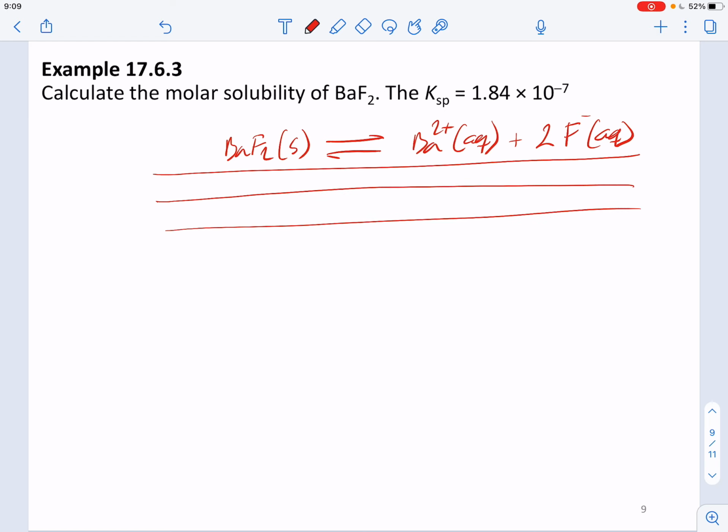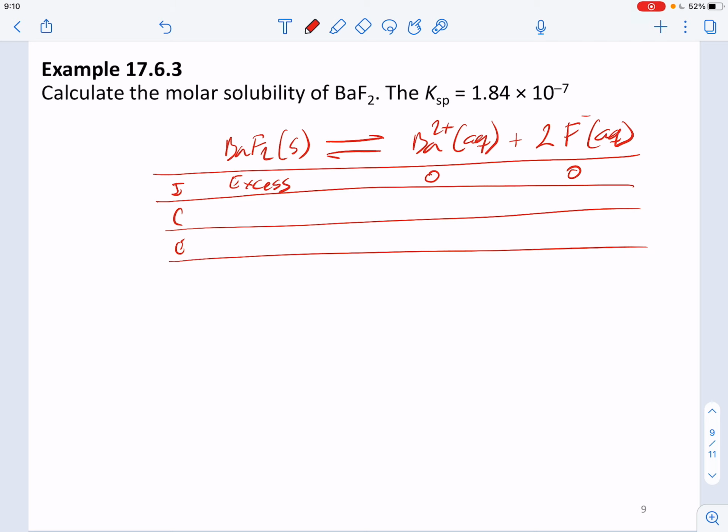And what do we have here initially? Well, if the solid is present, then there's going to be an excess. How much is the excess? It doesn't really matter. Even if you have 1 microgram of the solid, it's going to be in equilibrium with a saturated solution of the salt, right? But you have 0 and 0 here.